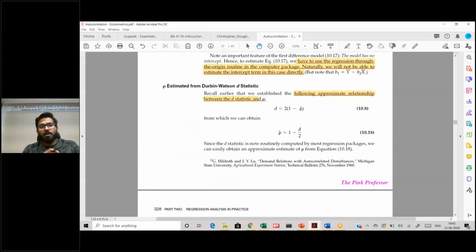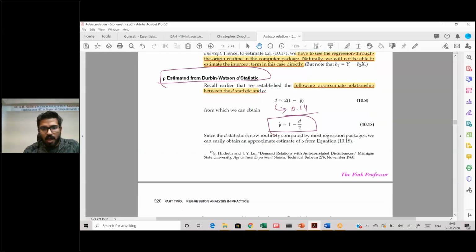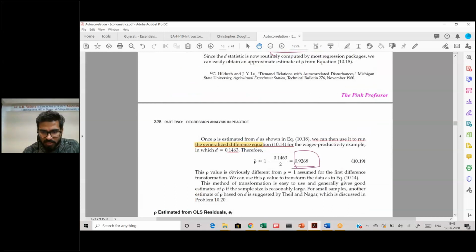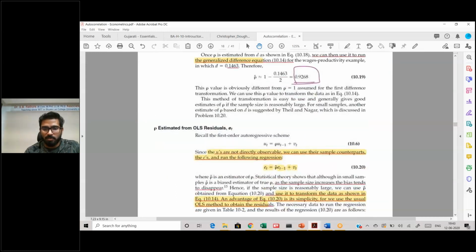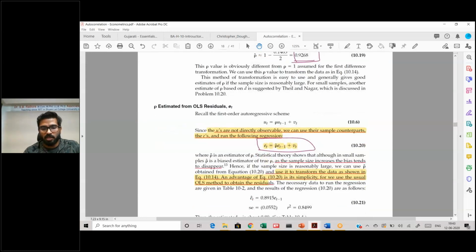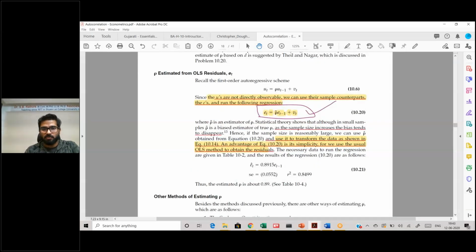And lastly, if you don't want to assume this particular value, you can estimate rho from the Durbin-Watson statistic. The way this was given as 1.4, from that we can estimate rho hat, and on the basis of this rho hat you can subtract and estimate this particular regression.